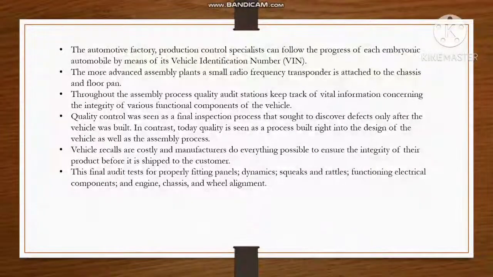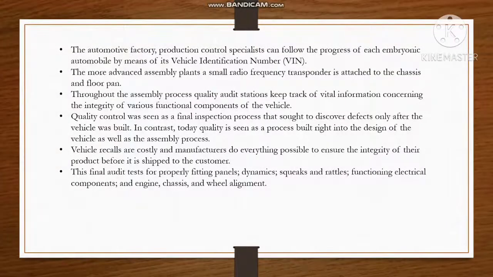In many of the more advanced assembly plants, a small radio frequency transponder is attached to the chassis and floor pan. This handy unit carries the VIN information and monitors its progress along the assembly process.